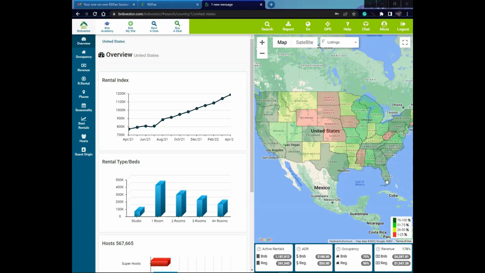Not one county, but for one state, the whole state of Florida. If your ReFX account is for all counties, you will have access to BnBvestor for all the states in the United States.